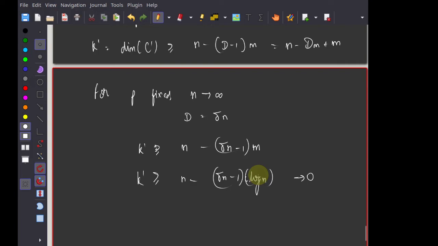The question is, is it at all possible to construct asymptotically good codes over small field sizes? We know how to construct asymptotically good codes for large field sizes, Reed-Solomon codes. If q, or p, is also allowed to grow with n, then we're fine.